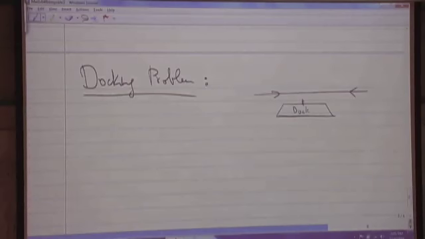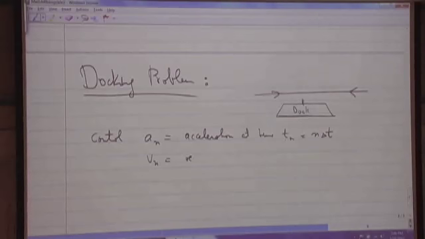So here's the control. I'm going to simplify this a little bit. The control is so a_n is the acceleration at time t_n. It's like n delta t. And v_n is the velocity at time t_n.